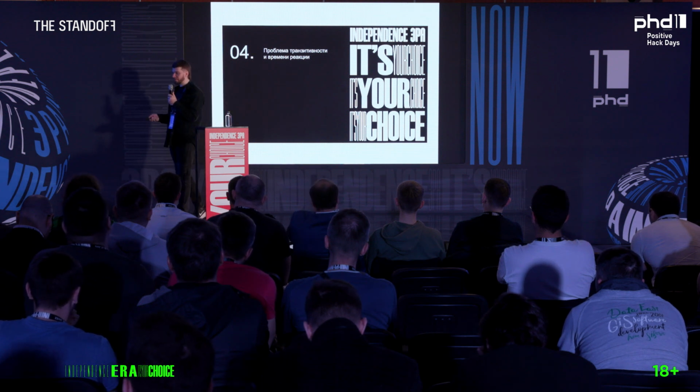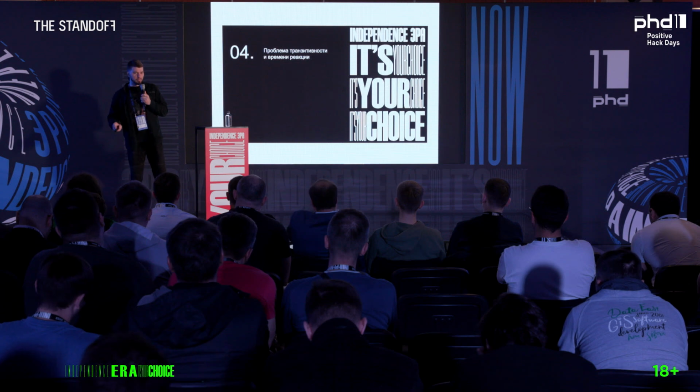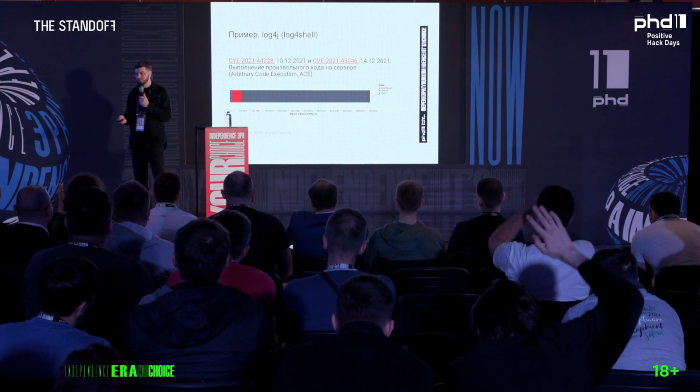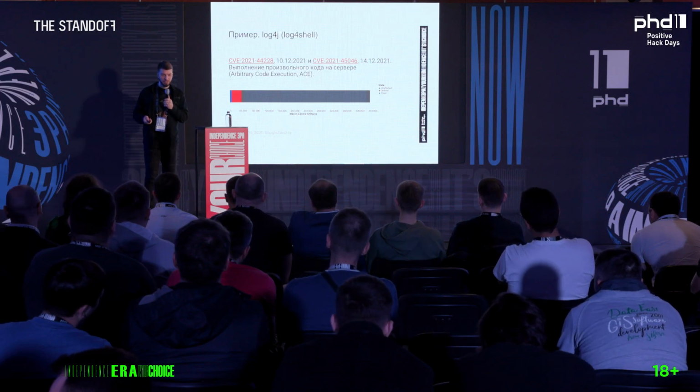Okay, we have 5 components or 10 components, and it's okay, we can check it manually. Well, cool, but these components are dependent, and these dependencies can mutually impact each other. Do you know about Log4Shell?